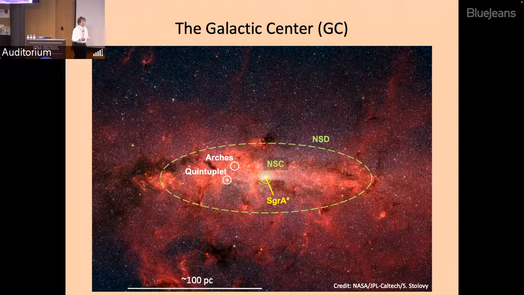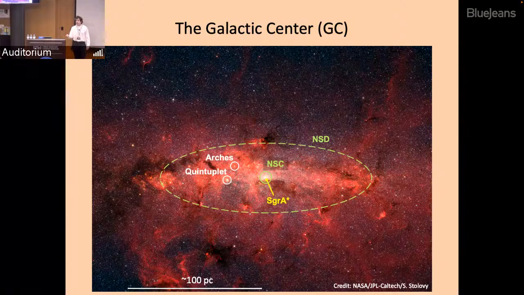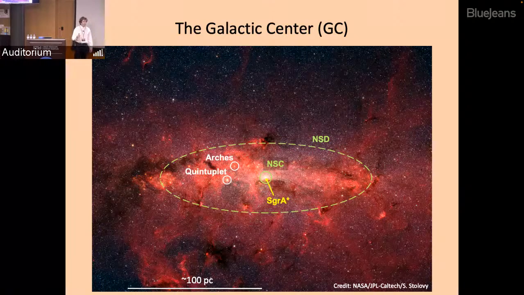There's also many examples of recent and ongoing star formation. In fact, the galactic center is one of the most actively star-forming regions of our galaxy today. And two prominent examples of that activity are shown here, the arches and quintuplet clusters. With ages less than 5 million years old and masses of 10,000 solar masses or so, these two clusters are among the most massive young clusters known in the galaxy.